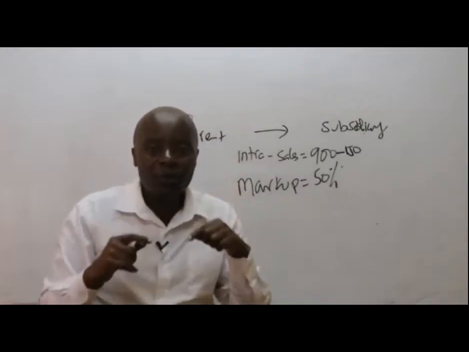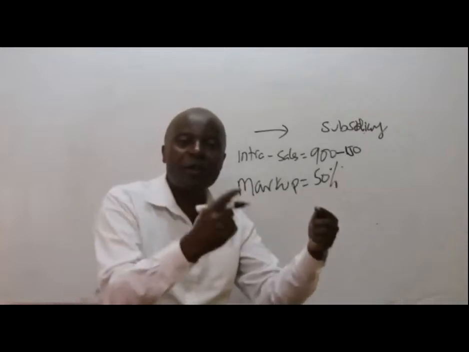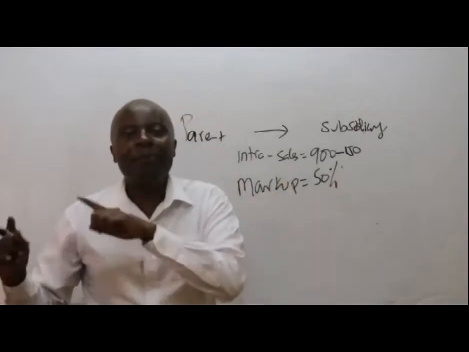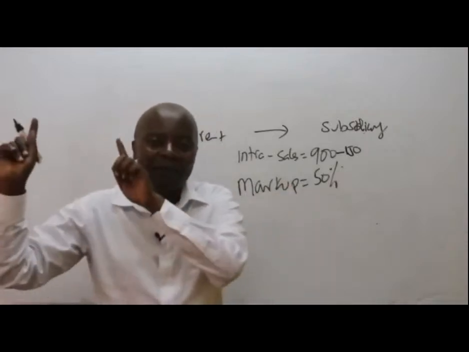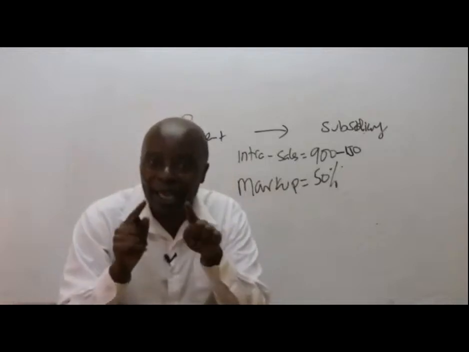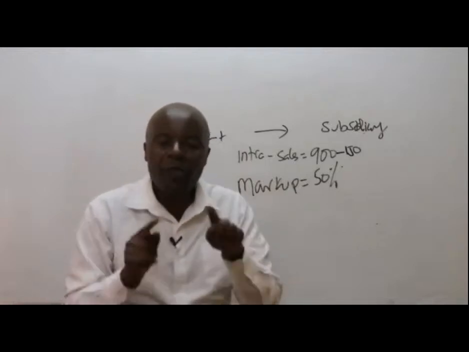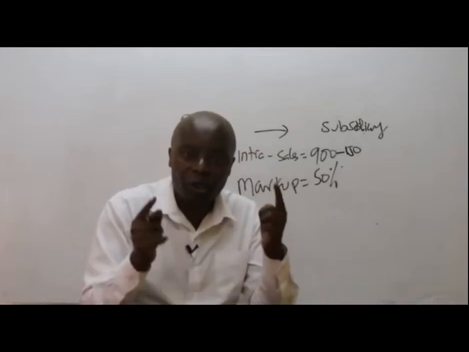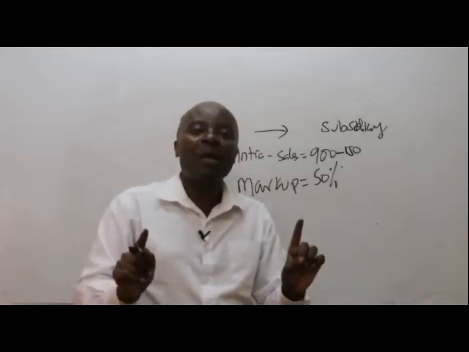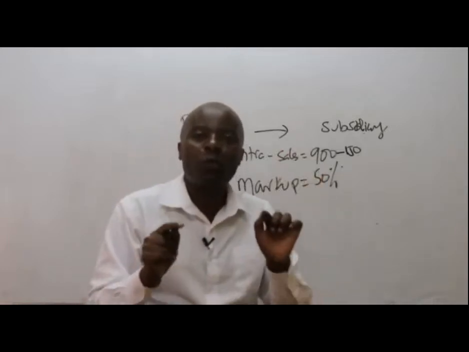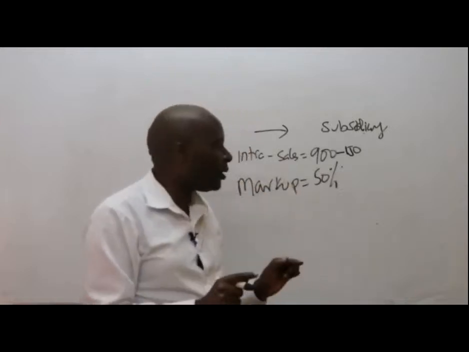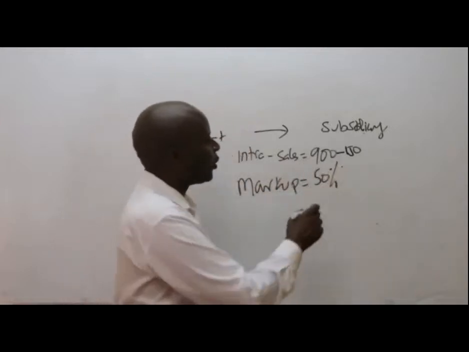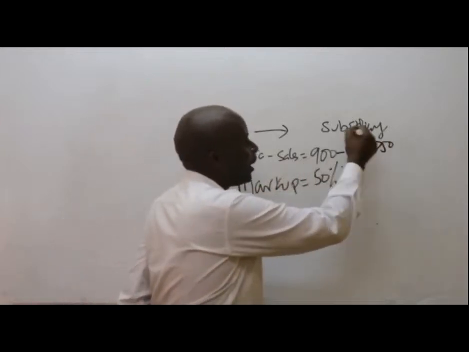Remember, if the subsidiary sold to our parent and the parent was able to sell the same to third parties, then that profit has been realized. The profit which has not been realized is the profit of the goods that we sold to ourselves within the group, but are still with us in the group, the unsold intra-sales. So this unsold intra-sales is 750.